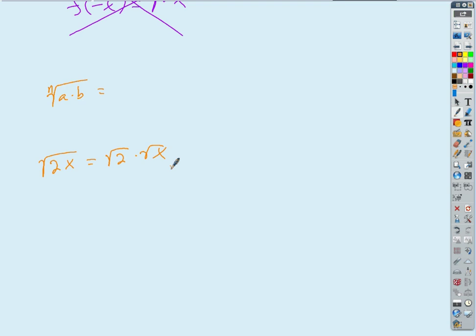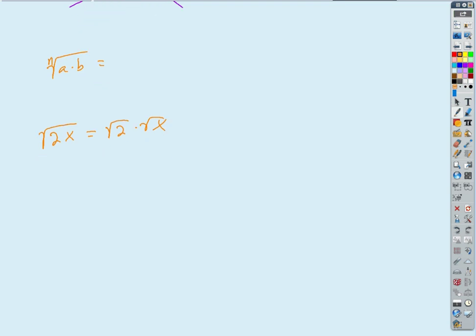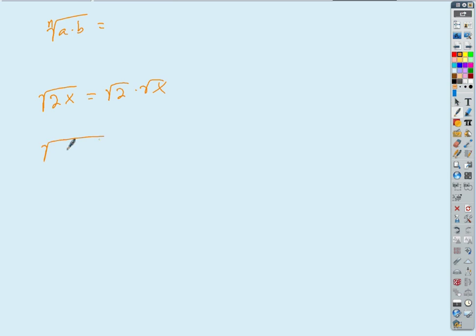And you've done something like this before too. What if I had the square root of 50? How do you simplify that? You'd write it as the square root of 25 times 2, right? Because we want to have a perfect square factor, which I would then write as the square root of 25 times the square root of 2.